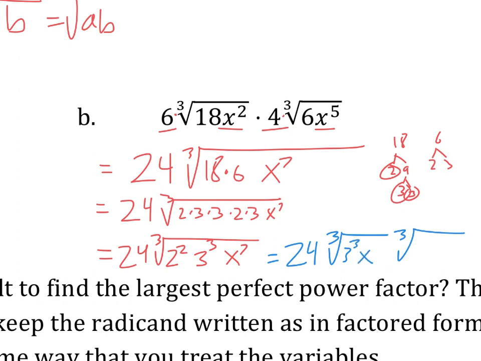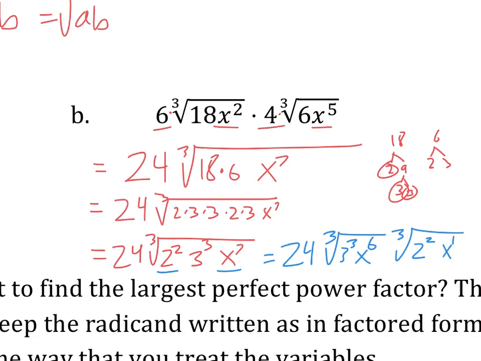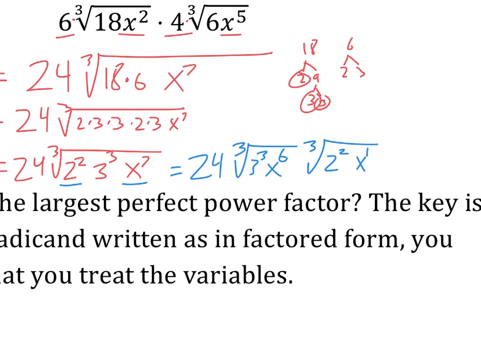We can cube root x to the 6th because 6 is a multiple of 3. And what's left over? Well, I have this 2 squared I haven't dealt with. And this is x to the 7th. And I put 6 of them underneath here. So I need x to the 1st left behind. Things we can cube root and things we can't. Now let's just clean it up, and we're done.